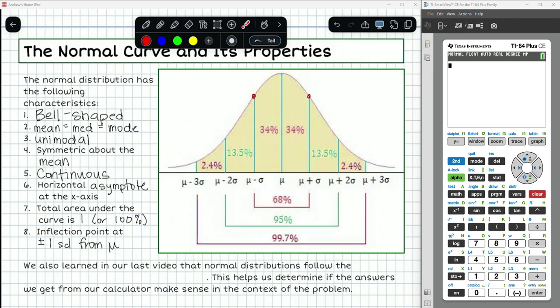An inflection point is where the curve changes from bending downward, what we would call concave down, to bending upward, which we would say concave up. So inflection points are where that curve changes from bending down to bending up, or bending up to bending down.